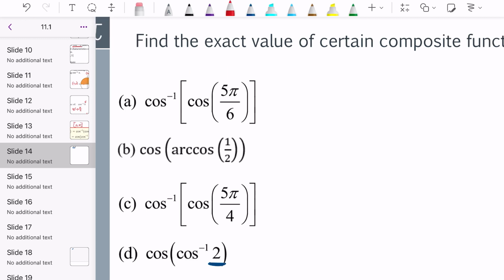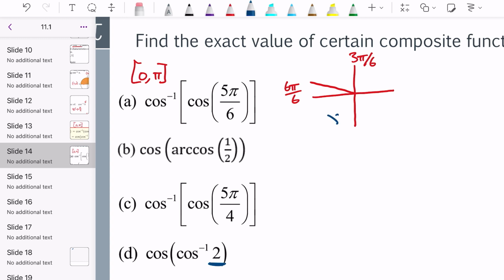Let's take a look at these sample problems. On the outside, we have an inverse cosine, which gives us 0 to pi as our range. We're going to have to go ahead, take a look at our x. Notice if we were to graph this out, 6 pi over 6, this would be 3 pi over 6. 5 pi over 6 would fall within the area.